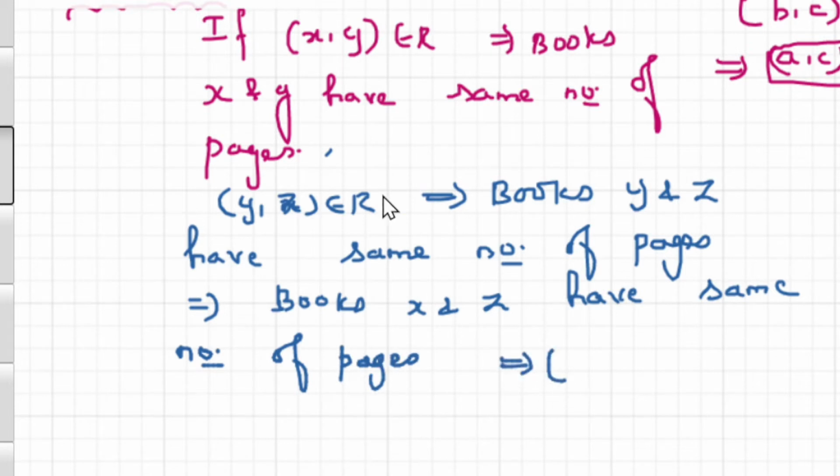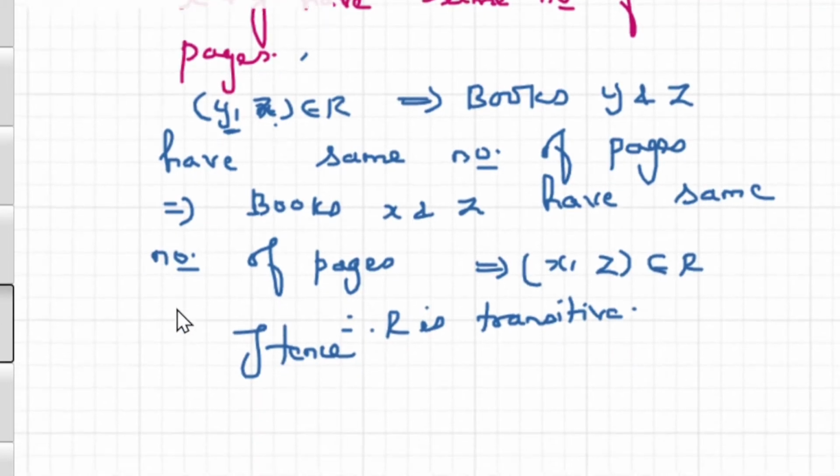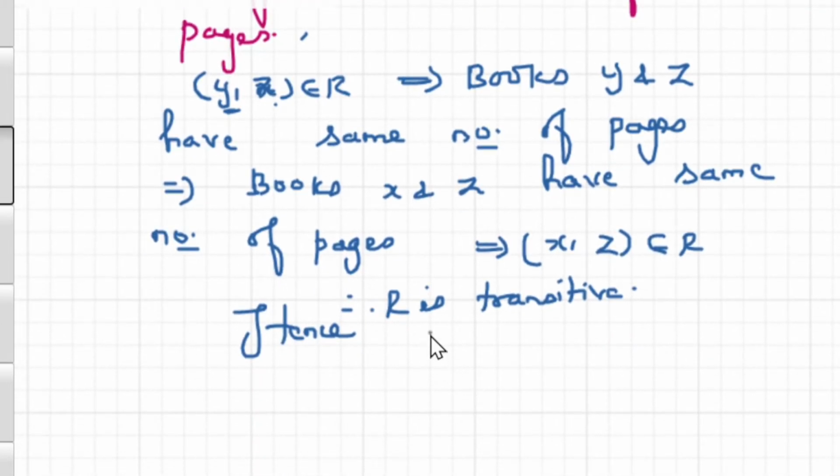So (x, z) belongs to R. Therefore, R is transitive. And hence R is an equivalence relation. We proved all three conditions.